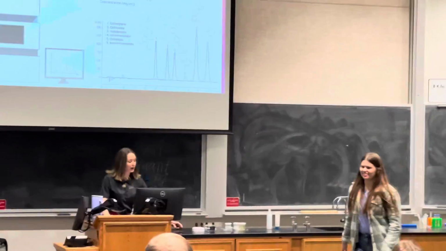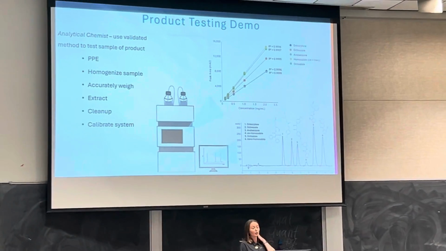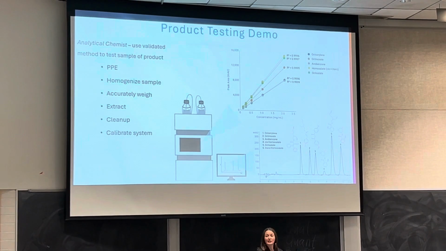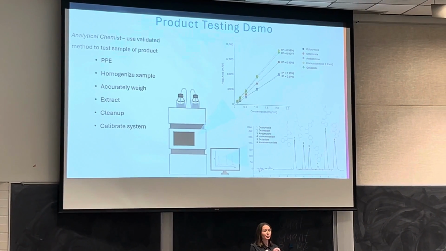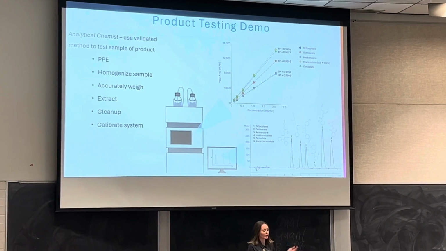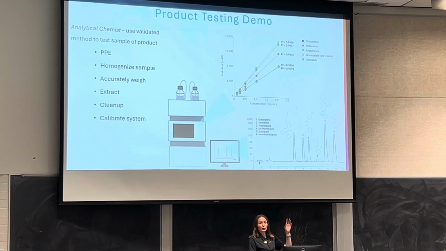So at this point, you have your sample. You're going to run some UV filter calibration standards, and then plot their responses relative to their concentration to make calibration curves for each one of those active ingredients. And then you'll inject your sample and get a beautiful chromatogram.